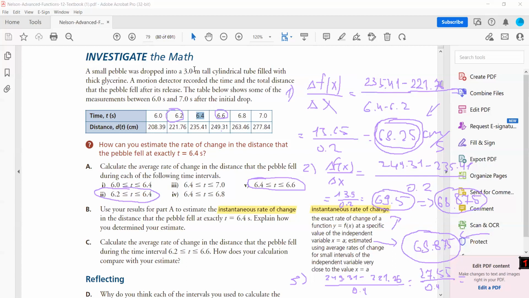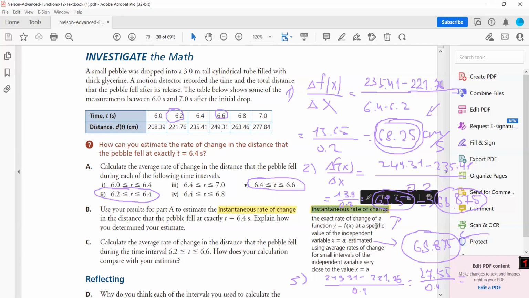Please take a moment to copy down the solution. I hope you had enough time to copy it down.